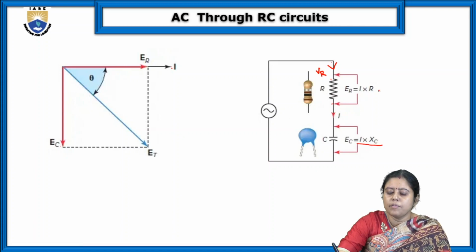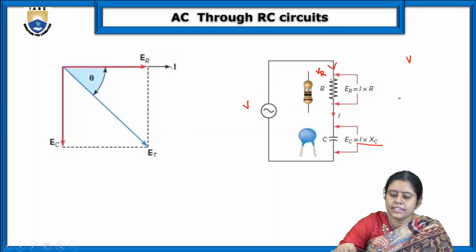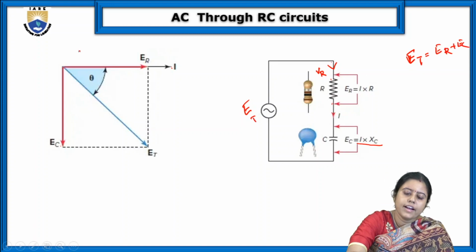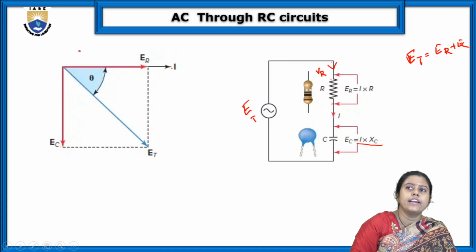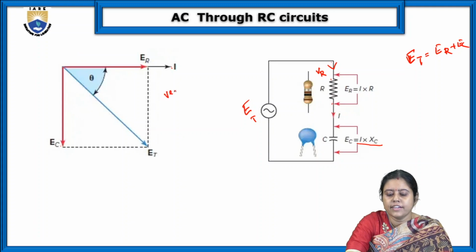Now what is the total voltage? The total voltage E, total is equal to ER plus EC. Now ER and EC we cannot add simply, we will add them using vector addition.